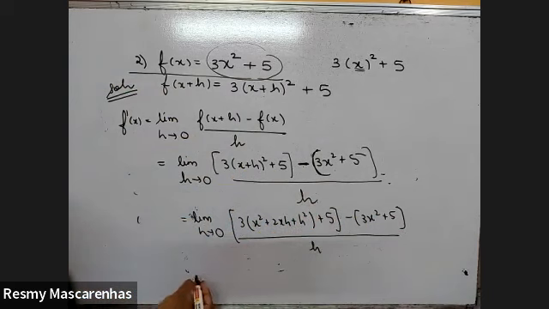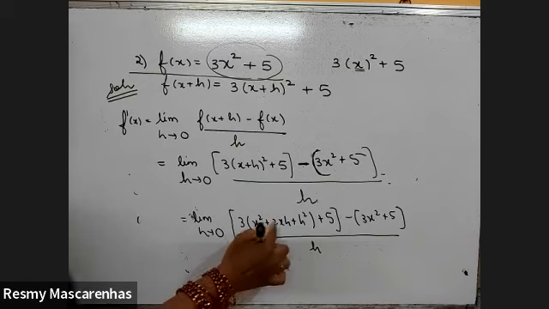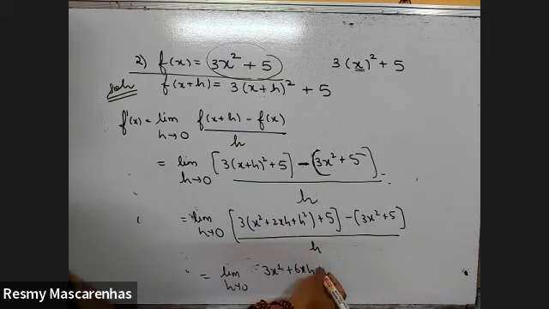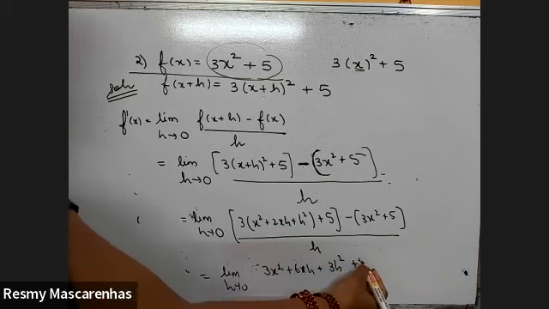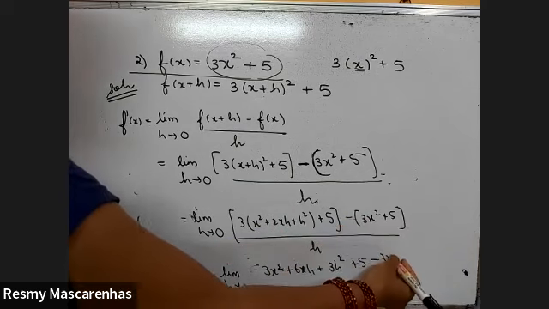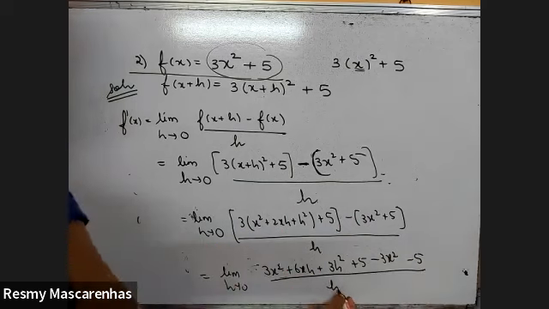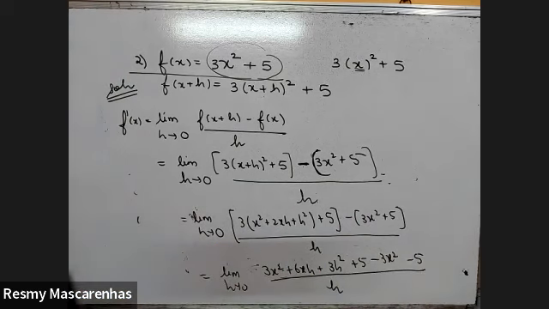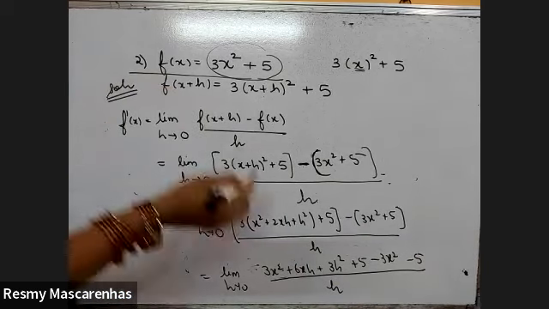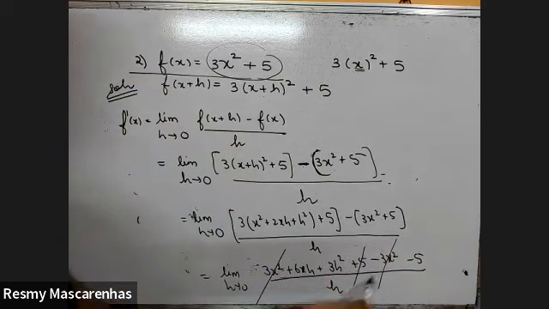Now open up the bracket. 3x square, 6xh plus 3h square, minus 3x square minus 5, upon h. Whatever is getting cancelled, you cancel. So what remains is this.